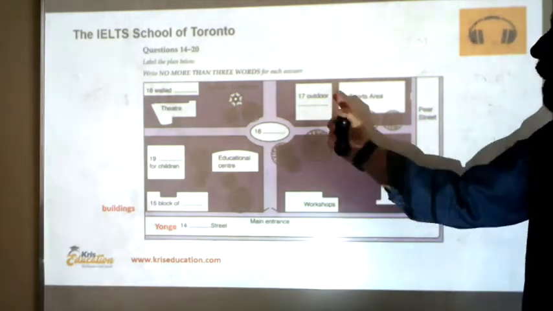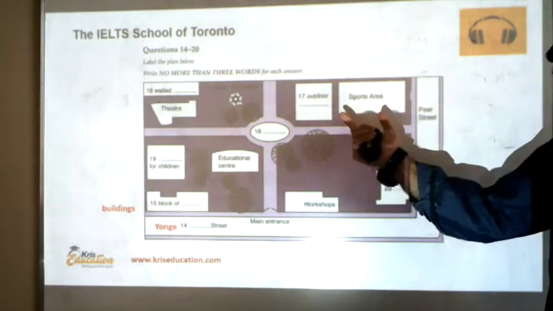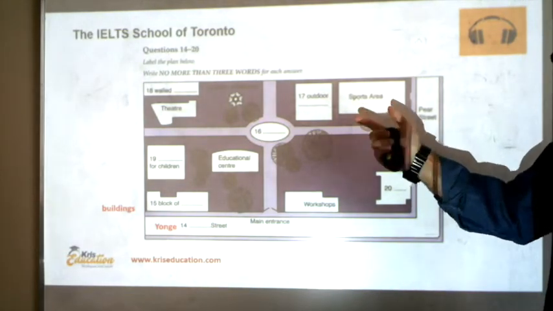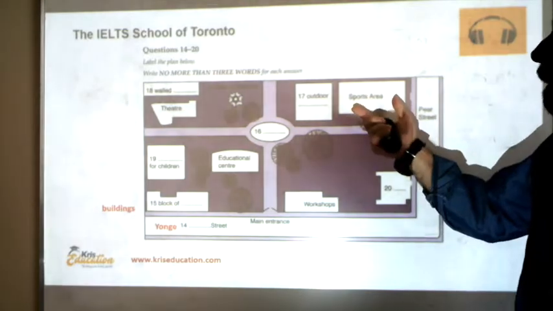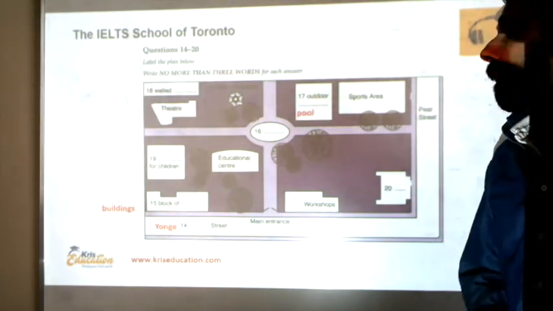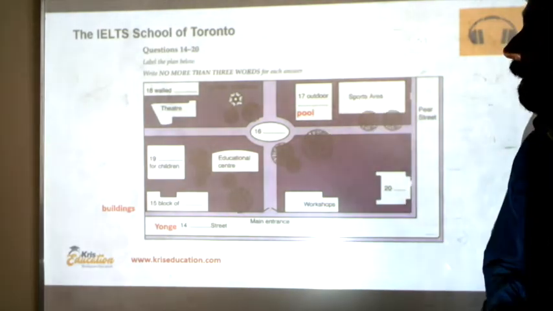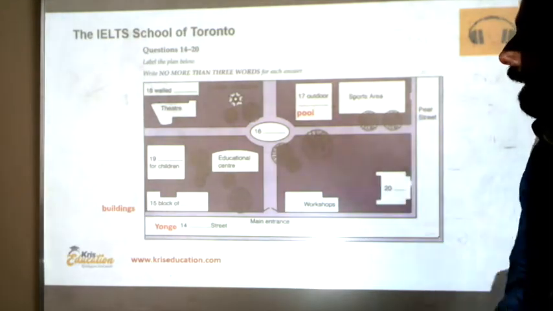Number 17, what IELTS gives you is outdoor and is beside the sports area. So what can be beside the sports area? Outdoor. Obviously, it can be something like a pool, an outdoor pool, because it's beside the sports area.